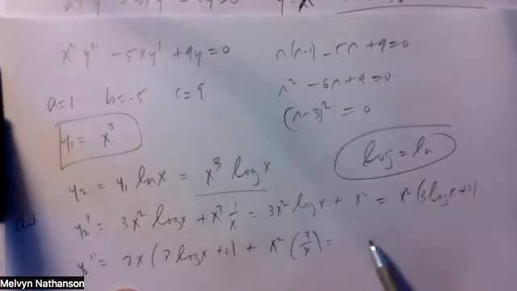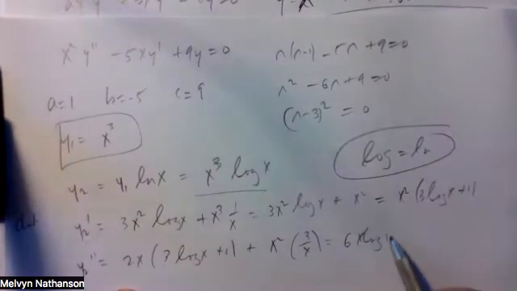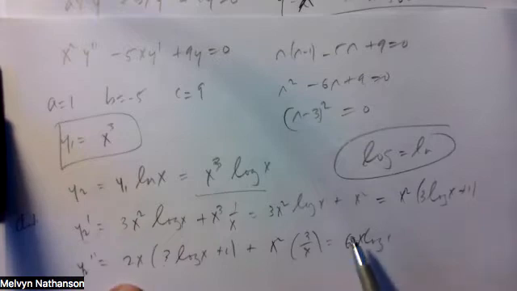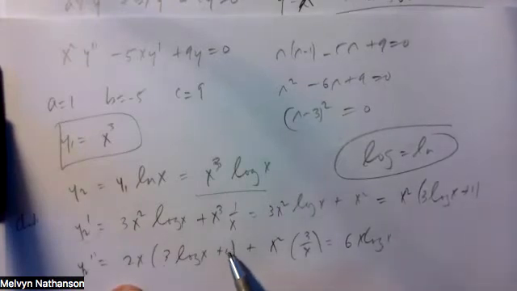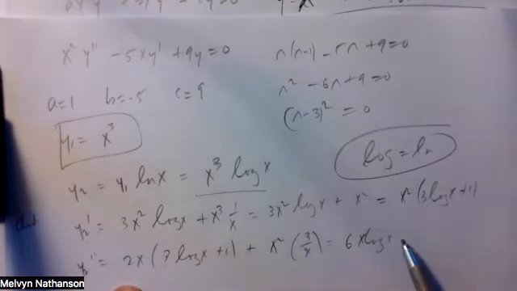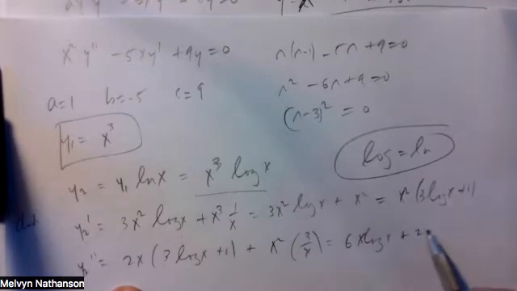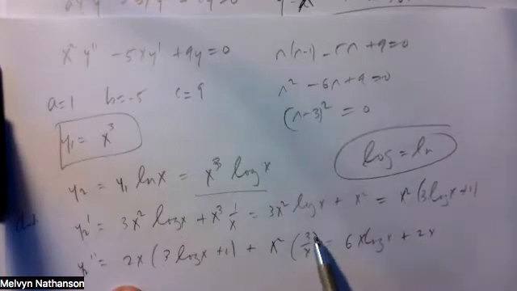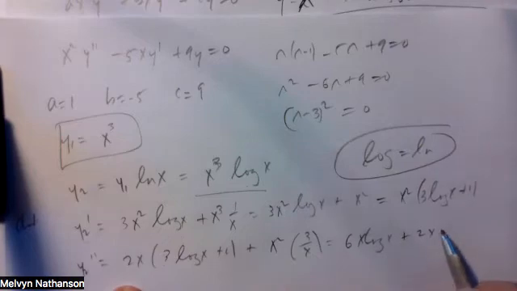This is 6x log x plus 2x plus x squared times 3 over x, this is 3x, so 2x plus 3x is 5x.